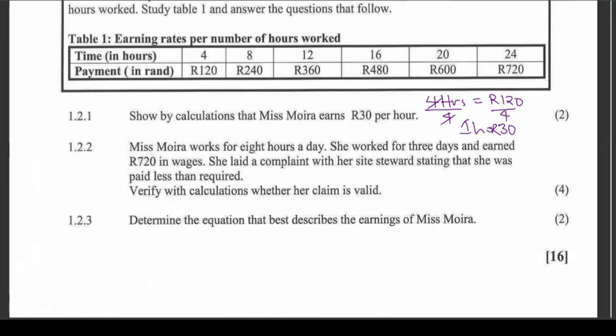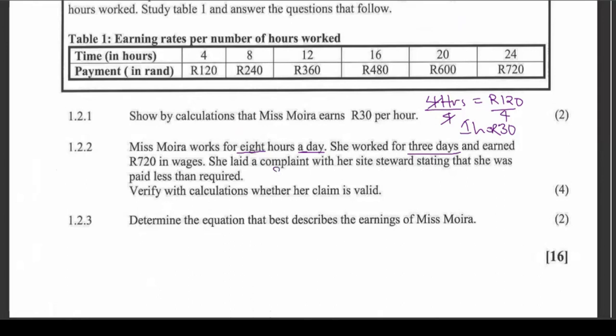Mrs. Maria works for 8 hours. Take note of that, 8 hours a day. She worked for 3 days and earned 720 rand in wages. She laid a complaint with her site steward, stating that she was paid less than required. Verify, showing all calculations.